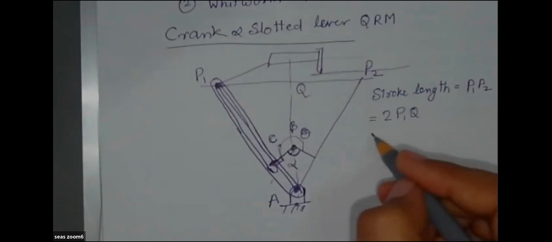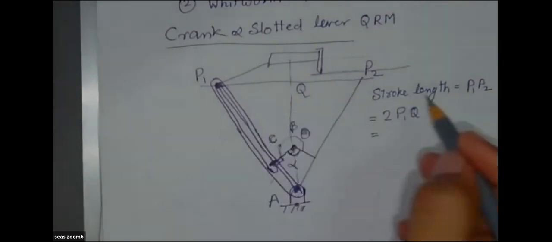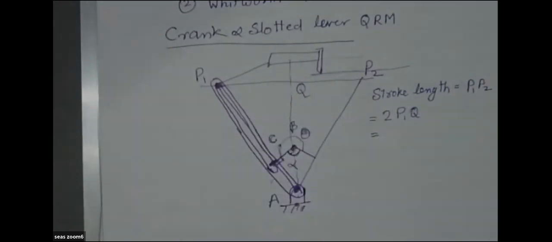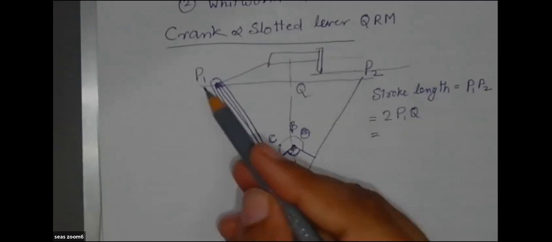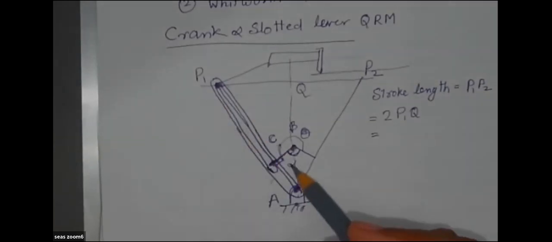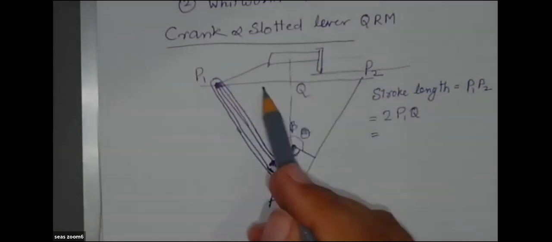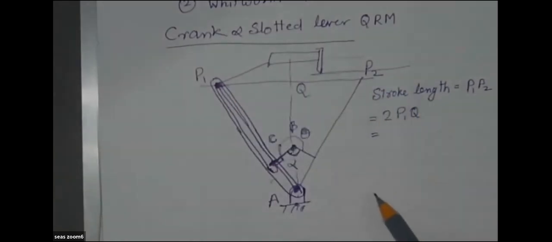And what is this P1Q? If we want to determine the total stroke length in terms of the lengths of the crank and slotted lever, because if we know the length of this crank, which is part of this mechanism, and the length of this slotted lever, then we can determine how much the stroke will be. So that is what I'm trying to determine.